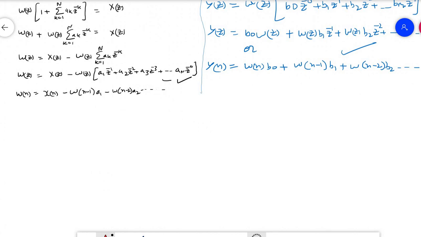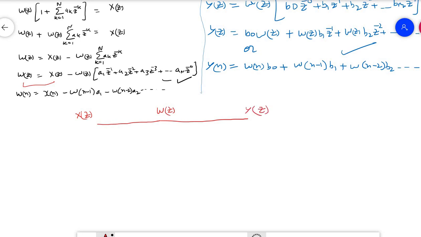Very simple, very easy. Now first, W(z) is related to X(z). So my x(n) is this one, this is W(z), and after that this is my Y(z).